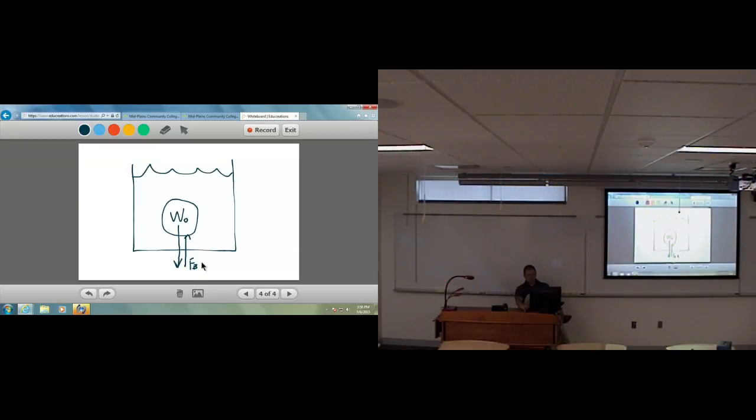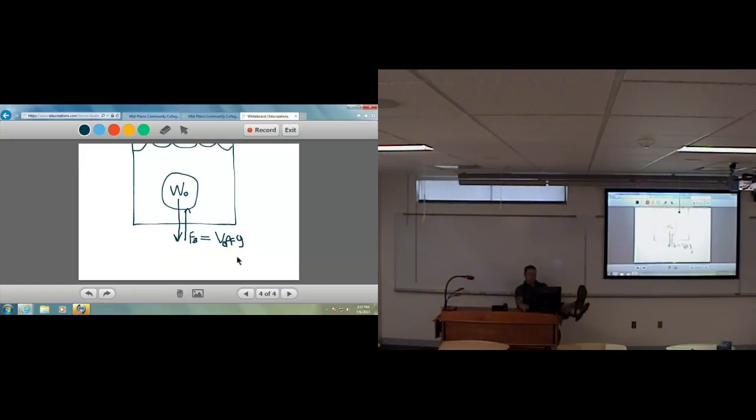Where the buoyant force is equal to the volume times rho of the formaldehyde times gravity. This is the volume of the body, and the volume of the body at each temperature has its own thing going on.